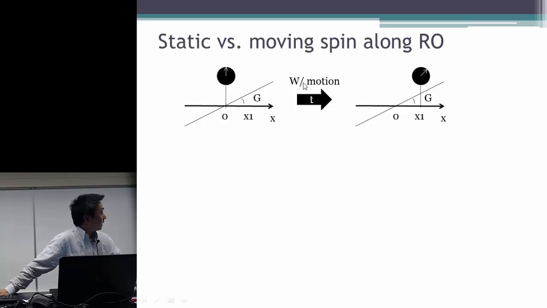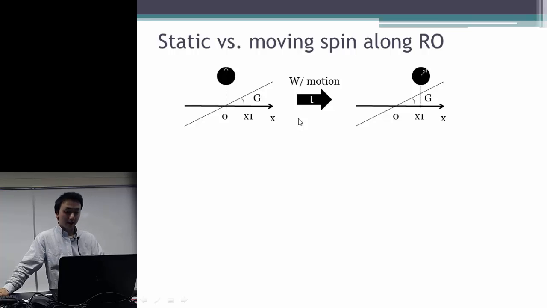But if there is a motion, then this spin will move along the gradient, and it will see a different magnetic field between the excitation and acquisition. So during this period, it will have developed a different phase than its original position. So there will be an additional phase added to this spin.